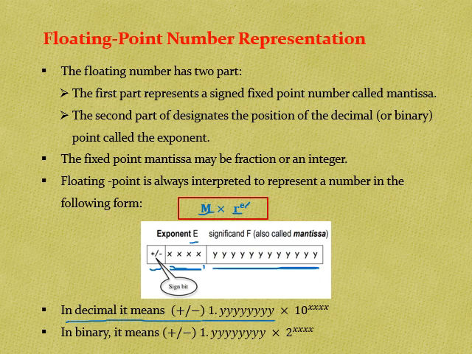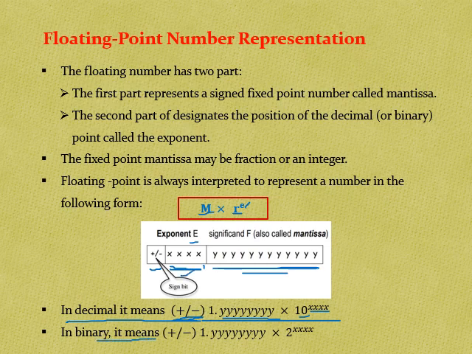If we represent a number with the help of this notation, for decimal numbers the representation will be something like this. The plus or minus indicates whether the number is positive or negative, and 1.y stands for the mantissa, into 10 to the power x, where 10 is the radix and x is the exponent part.